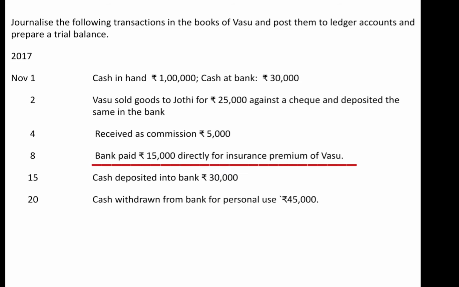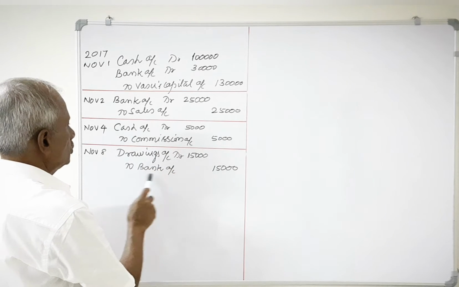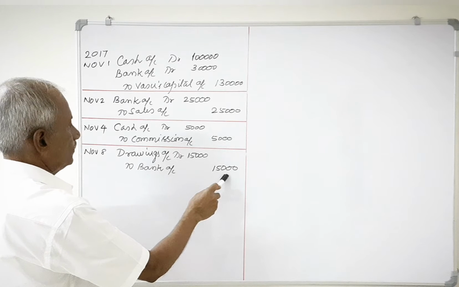Now this is amount drawn from the bank for the personal use of the proprietor Vasu. So drawings account should be debited, and since it is a bank transaction, bank account should be credited. So the journal should be drawings account debtor 15,000 to bank account 15,000.